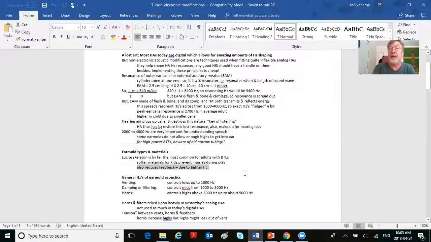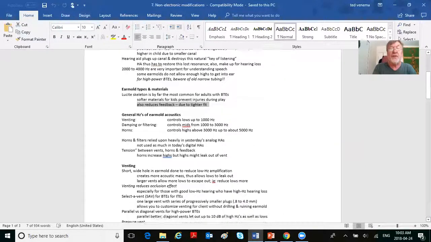You should write in here full shell, right where my arrow is. And lucite skeleton is also used on BTE hearing aids for a lesser hearing loss. But today the most common, of course, is RICs, receiver in canals. Venting, dampening, and horns.